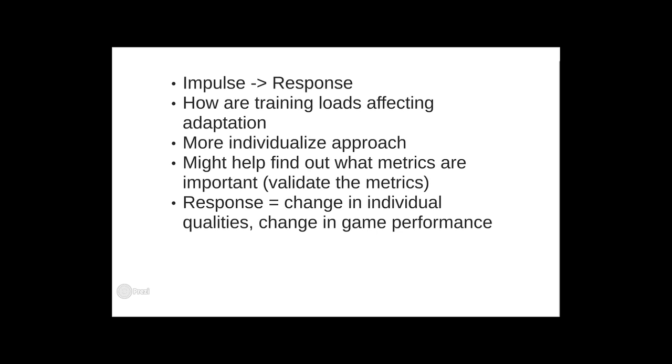So again, the Bannister model is trying to find a link between the training load we are doing, or in this case impulse, and the response we are getting. We know, as coaches, we are usually doing this more intuitively because we know what we are doing and we know what we are getting. If we are not getting what we want, we're probably going to switch training a little bit.